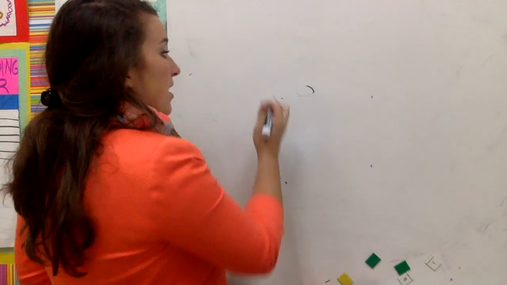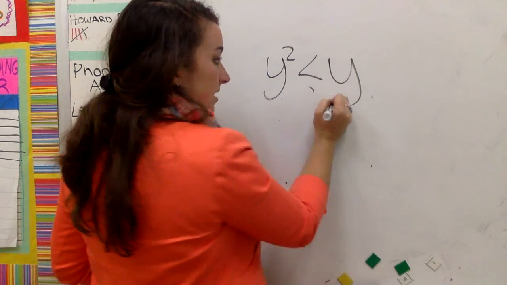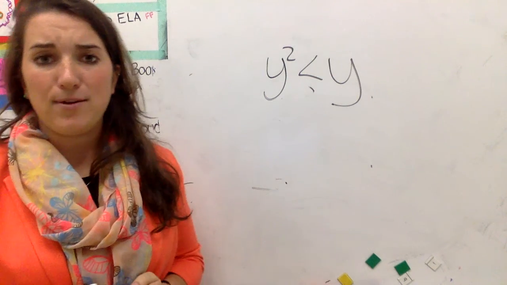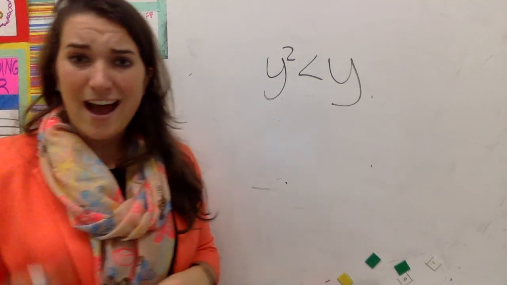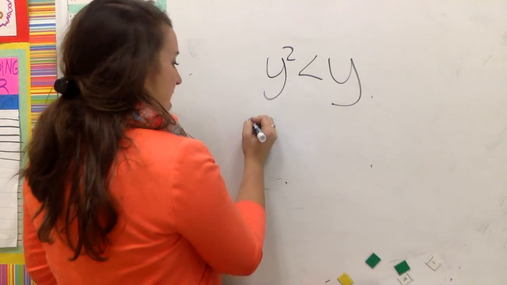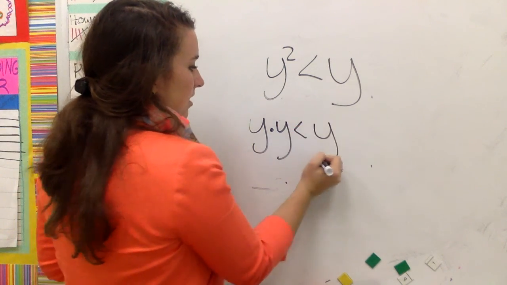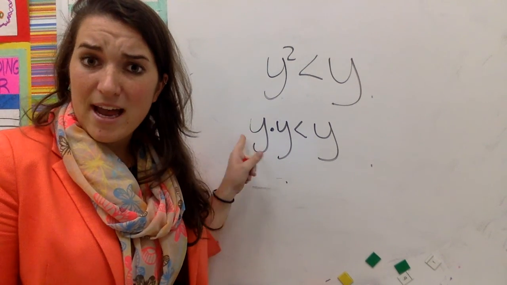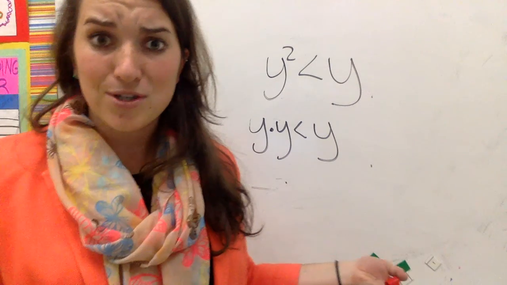In the first one, y squared is less than y. The question is, which of the following could be a value for y? I know that y squared is y times y. So that's telling me that if I multiply a number by itself, it's going to be less than the original number.